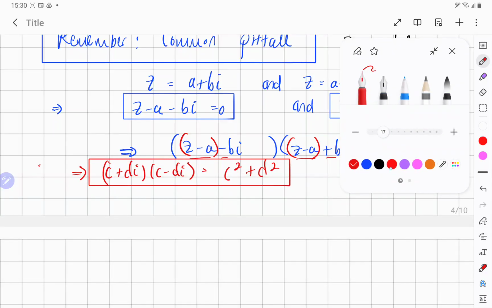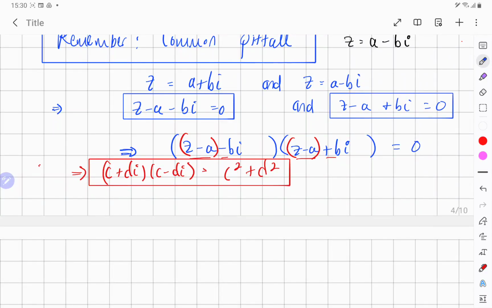Do not do difference of two squares. Just go straight. So what will I get here straight? Just z minus a squared plus b squared. And I can times that out, and this is what I will get.